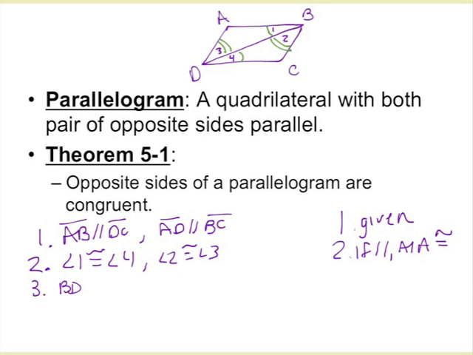So in this one we would say BD is congruent to DB by the reflexive property, which now gives us a picture of a parallelogram cut into 2 triangles, and those 2 triangles have 3 things marked as being equal. So from our last chapter, we learned that in triangles, if we can mark 3 things as being equal, then we can say our triangles are congruent. So triangle ABD is congruent to triangle CDB.